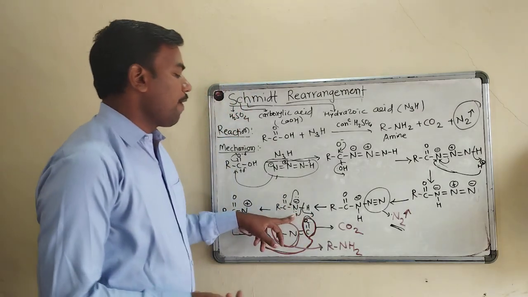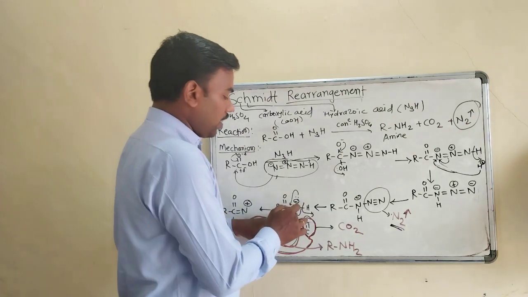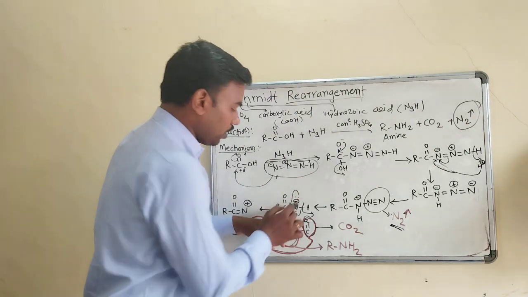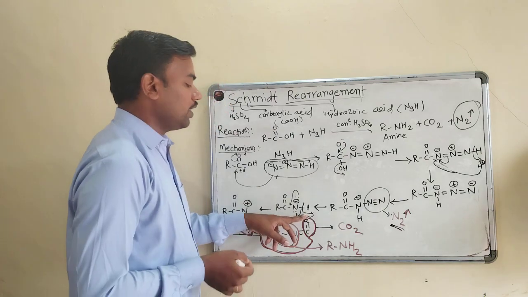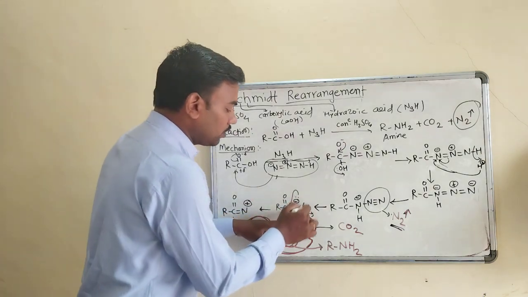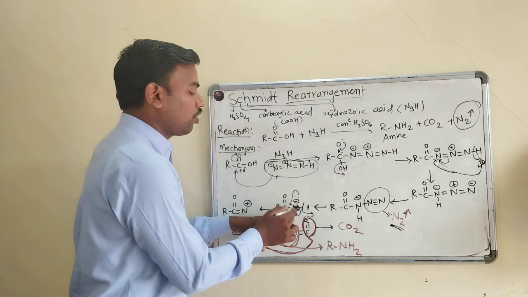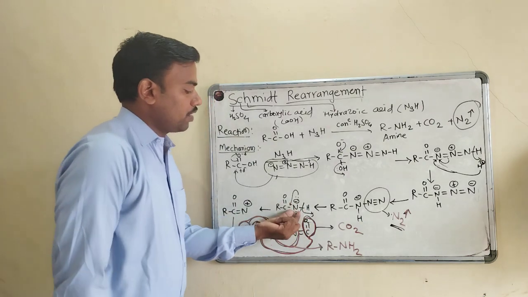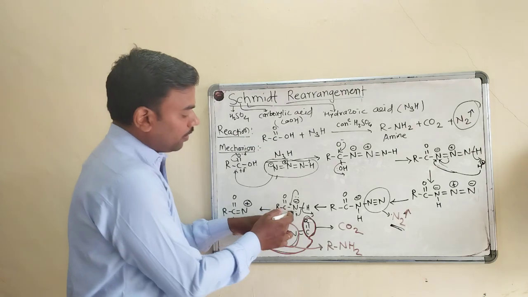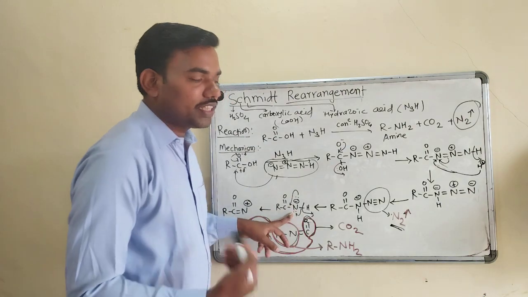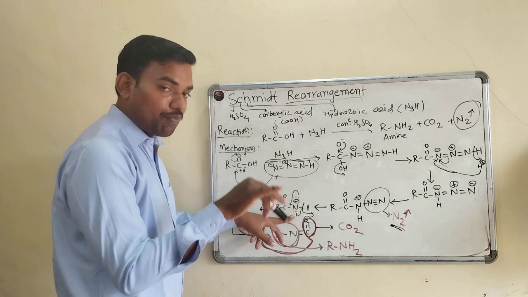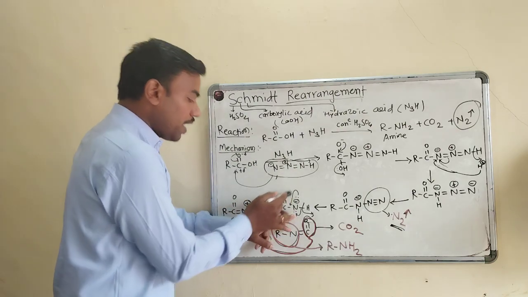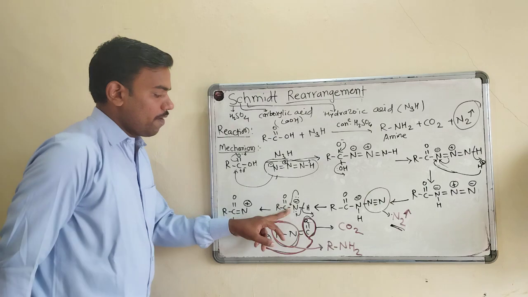Then what will happen? This nitrogen can leave the hydrogen. Hydrogen will be removed from this reaction. So while it is removed, this hydrogen gives 2 electrons over this nitrogen. So again, nitrogen contains excess electrons. These 2 electrons already present over this nitrogen are shifted over this bond.